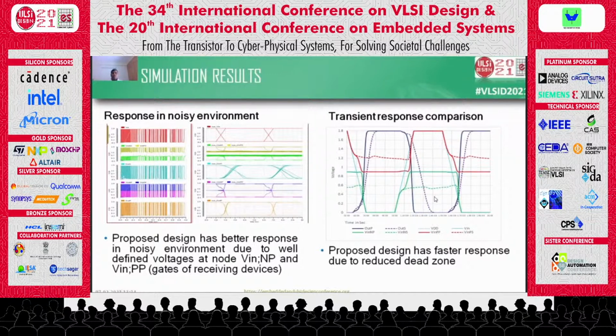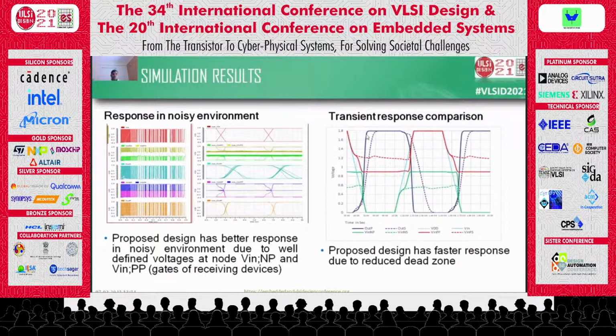On the right hand side you can also see a transient response, where both the design responses are overlapped with each other. Dotted response is the existing high voltage design, and the solid lines represent the proposed high voltage design.